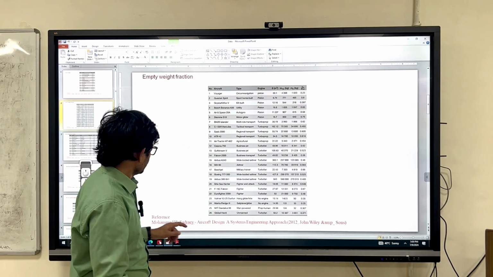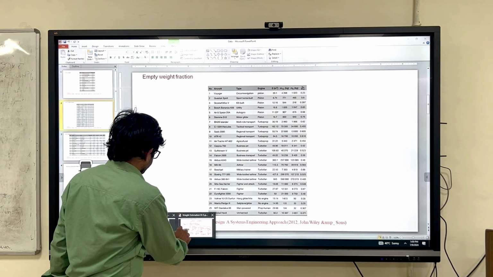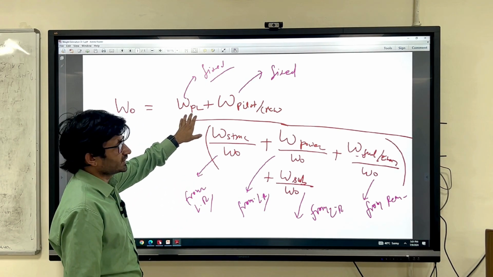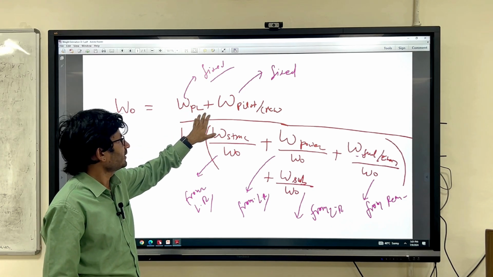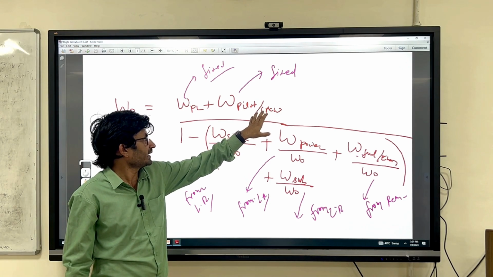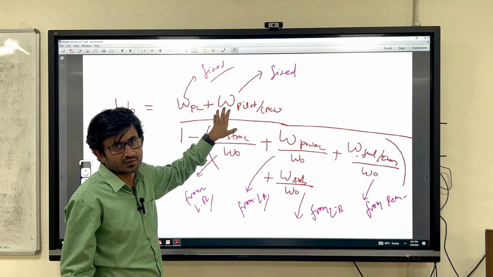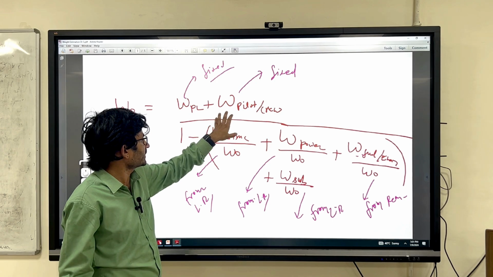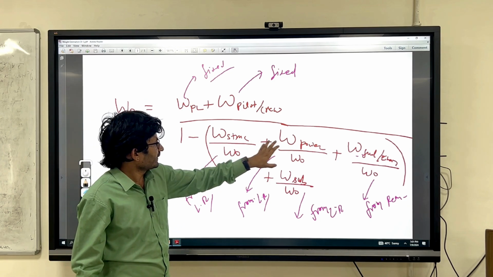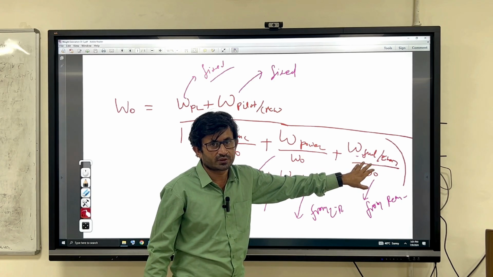Now if you substitute this value, I am taking 20 kg as the payload, which can be the camera weight and all, and one pilot and one crew, so the total weight is 80 pilot weight plus 80 crew weight, 160, and 20 is the payload weight. So in the numerator you will have 180 kg, and 1 minus the empty weight fraction, which is 0.55, and here you will have approximately 0.31.